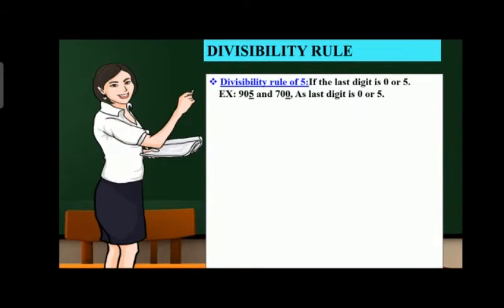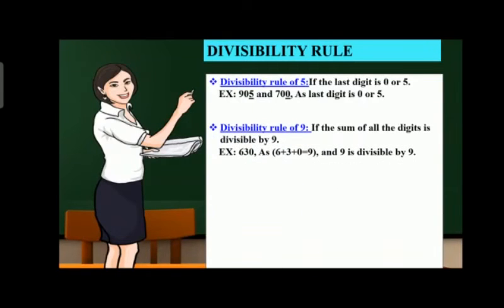Now let us look at the divisibility rule of 9. Children, the divisibility rule of 9 says that if the sum of all the digits of the number is divisible by 9, so the given number will also be divisible by 9. So let's understand with the example 630. So children, here we get the sum 9.